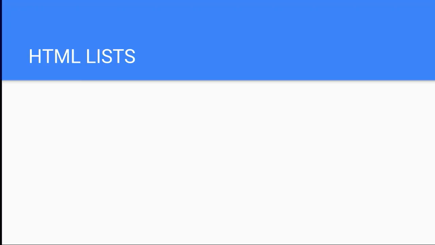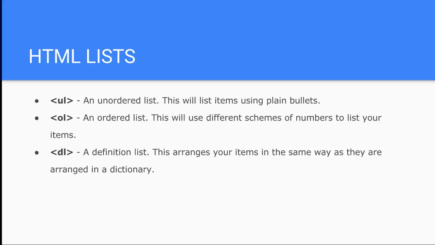HTML offers web authors three ways for specifying lists of information. All lists must contain one or more list elements. A list may contain UL, an unordered list. This will list items using plain bullets.